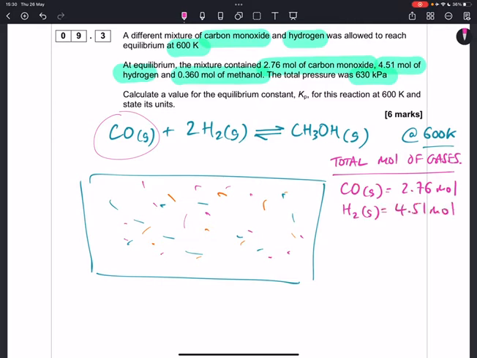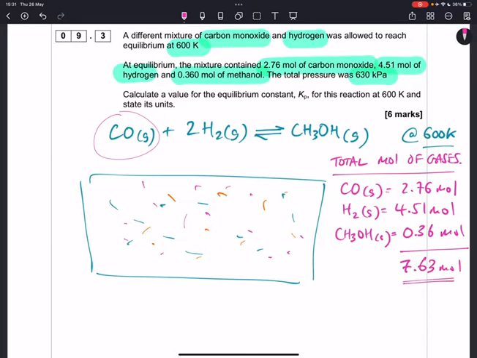And methanol is 0.36 moles. So we're going to add all these up using our handy device, a calculator. 2.76 plus 4.51 plus 0.36 gives us 7.63 moles.